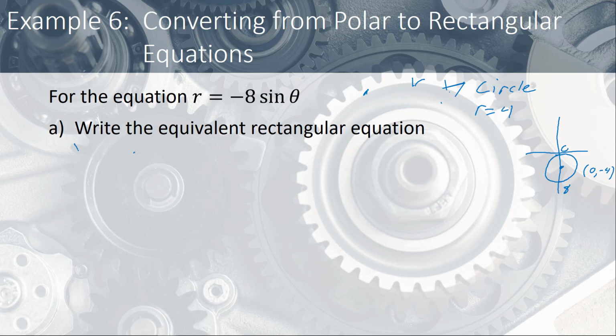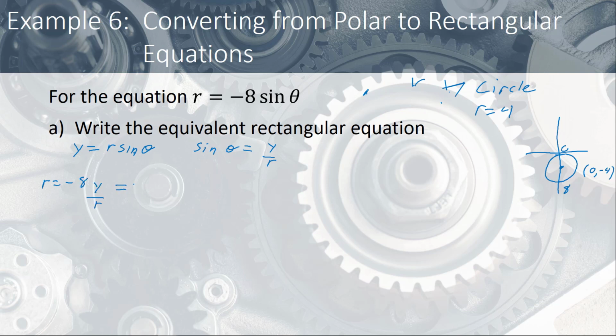And we know that y is equal to r times the sine of theta. If that's the case, then sine of theta is equal to y over r, which makes sense. That's the definition of the sine of theta. So we can write r equals negative 8 sine of theta as r is equal to negative 8 y divided by r.